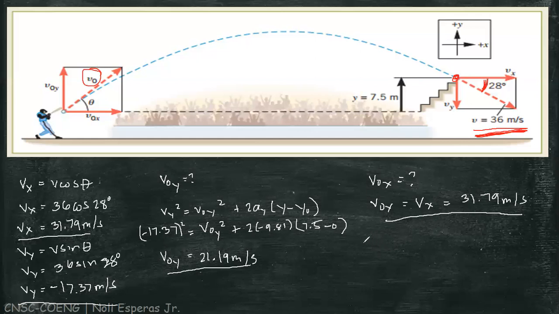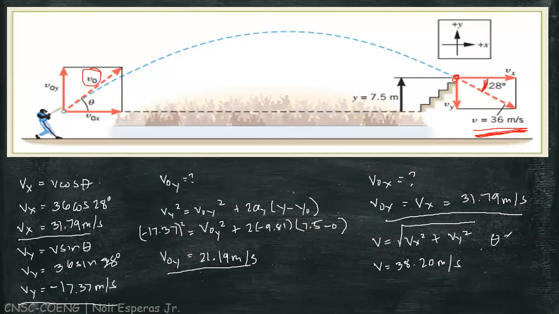Therefore, we can solve now for the magnitude of velocity using the Pythagorean theorem, square root of vx squared plus vy squared. By substituting the values of the components, v is equal to 38.20 meter per second.